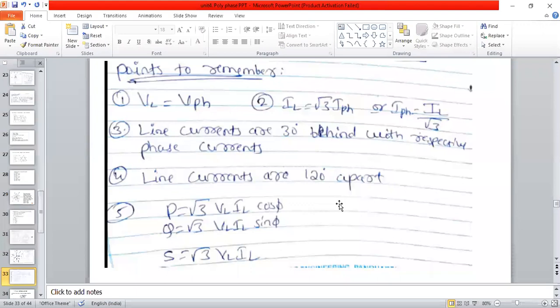VI is called DC circuit. For the RL circuit, RLC circuit, you have written the power equation, right? VI cos phi, very good. So that is the single phase equation. VI cos phi. Cos phi is compulsory.